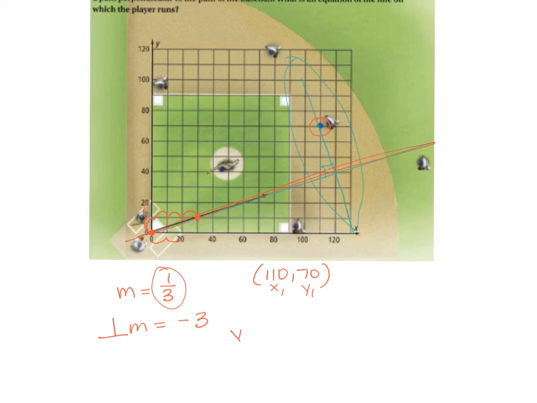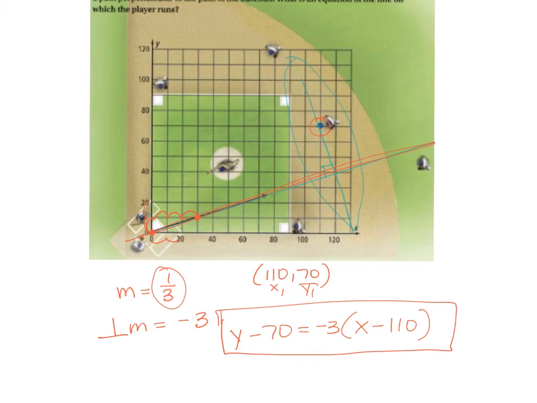So we're going to say y minus y1, 70, equals -3 times x minus x1, which is 110. And they're looking for the equation of the line. That would be it. That is the equation in point slope form. Okay, so very similar to 3A, you just have the opposite reciprocal to think of first. Have a good weekend.